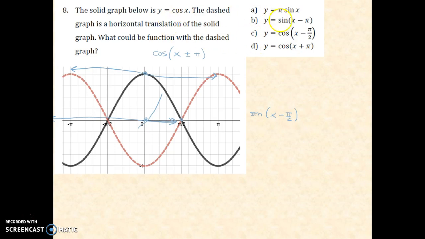So what do we got up here? We got cosine of x plus pi. So that would work. Cosine of x plus pi would move us to the left pi units. So bada boom, bada bing. Cosine of x plus pi is a translation left.